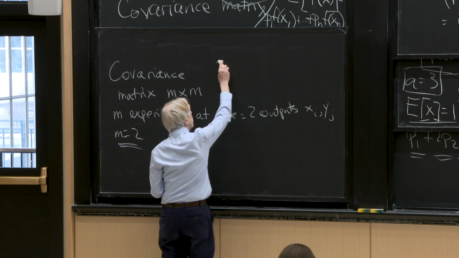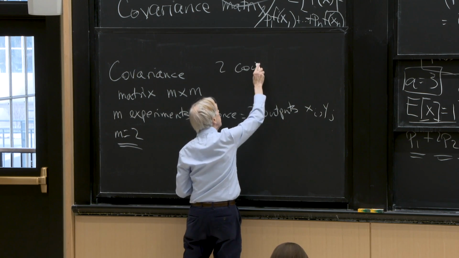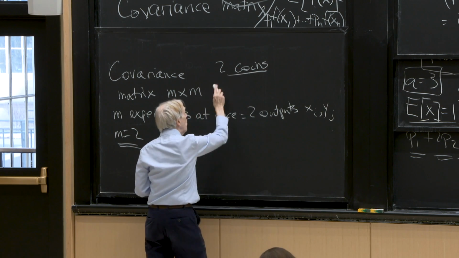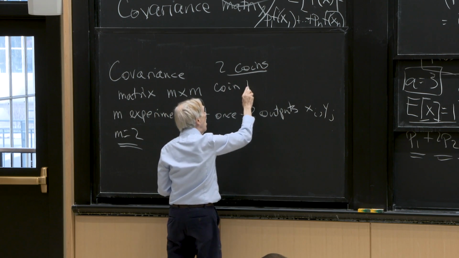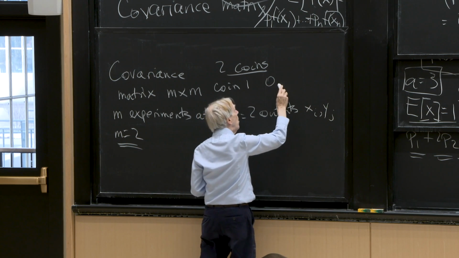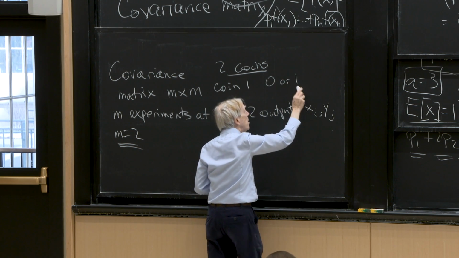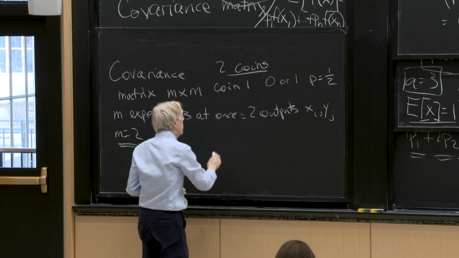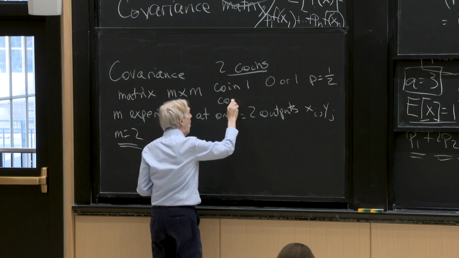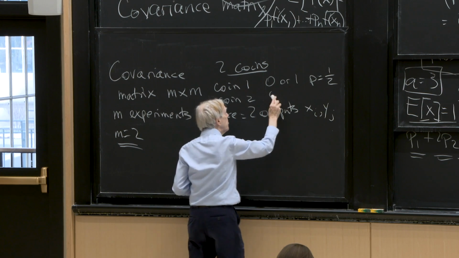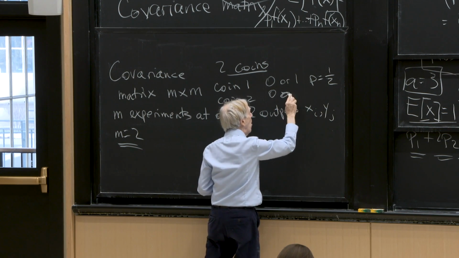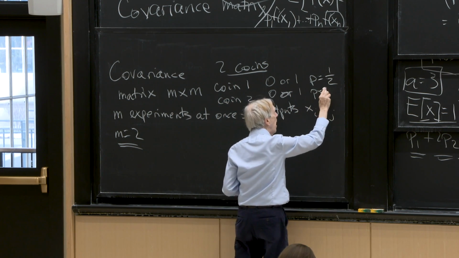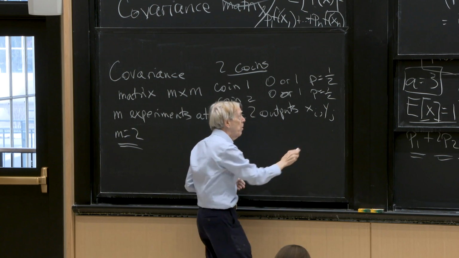So let's take that example, 2 coins. Coin 1 gets 0 or 1 with probability of half. Coin 2, 0 or 1 with probability of half. So they're fair coins.